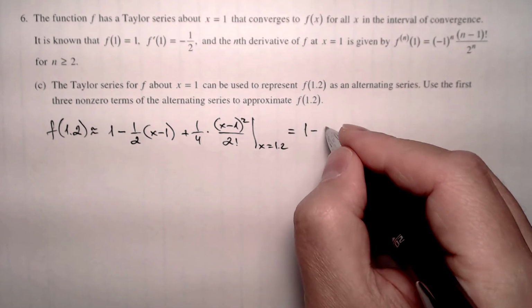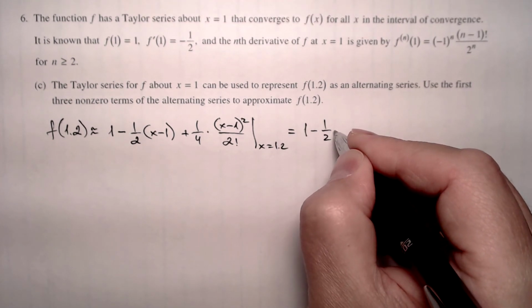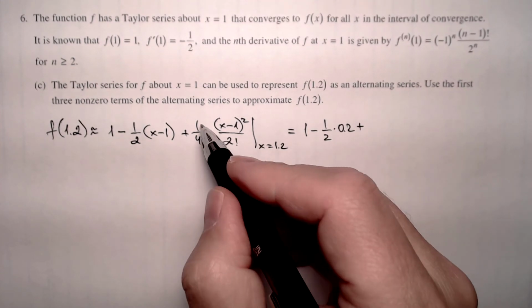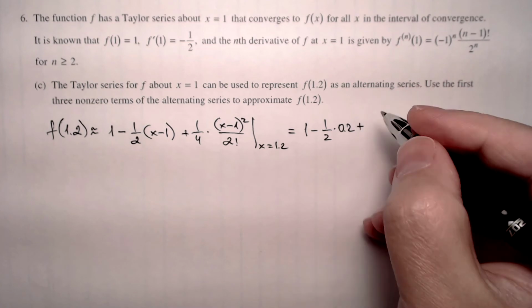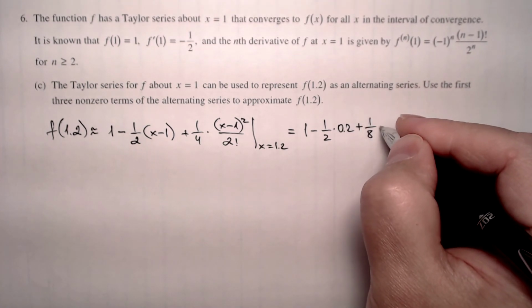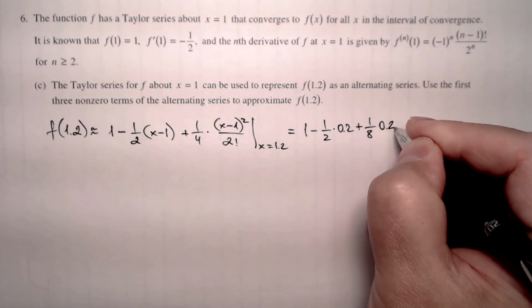So let's plug in 1.2. You get 1 minus 1/2 times 0.2 plus 1/4 times 1/2, which is 1/8, times 0.2 squared.